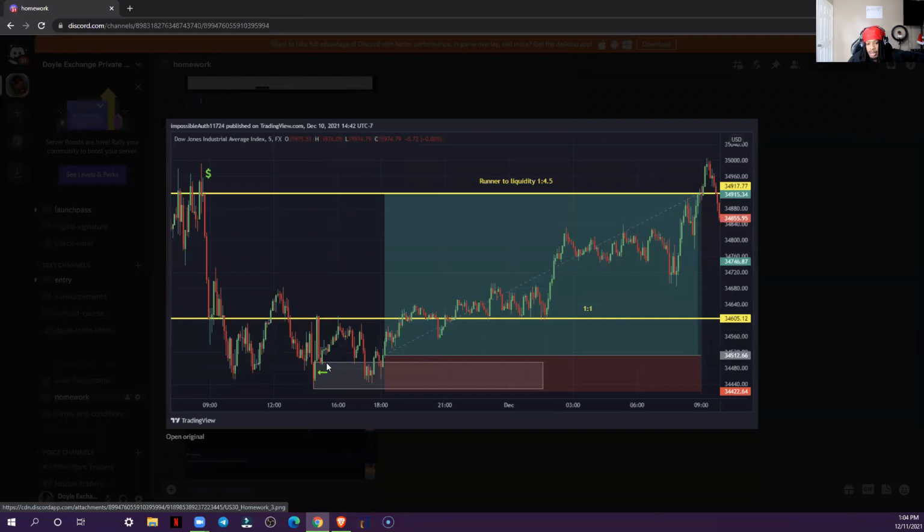It already got tapped into. That's not high probability because if you can zoom in a little bit, it had aggressive buying coming out of this area and it came back into it. When it came back into it, that's the entry right there, not over here. Unless he was marking up this one, but he didn't mark up this one right here. He marked up the demand right here, so that made it low probability. That's wrong. You know what I'm saying?